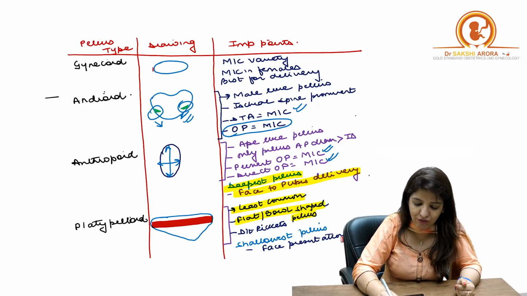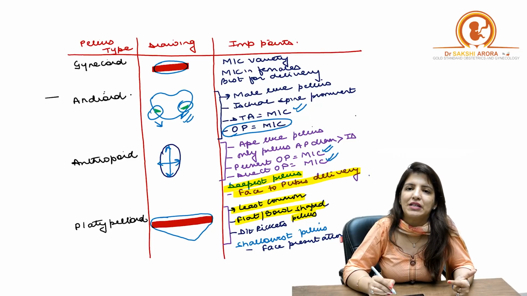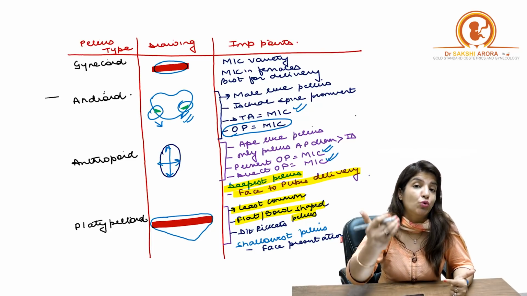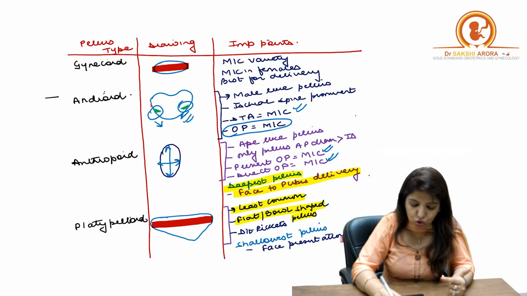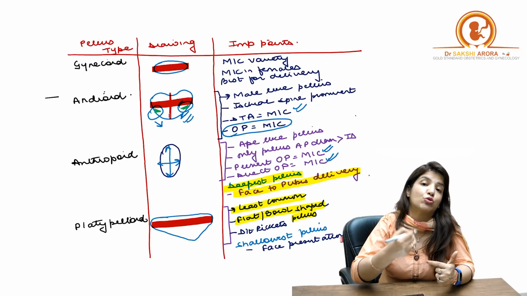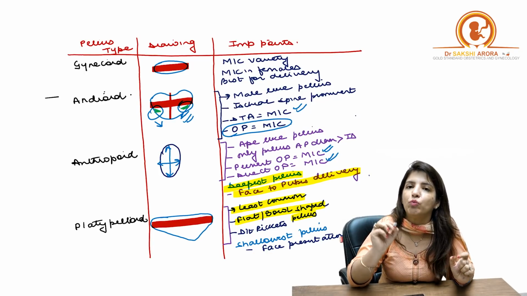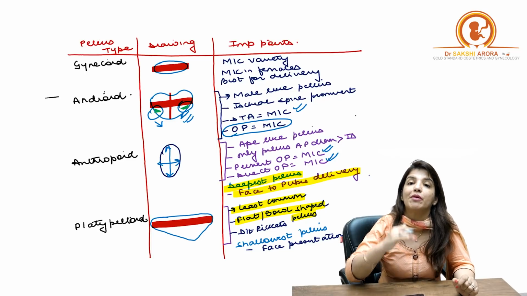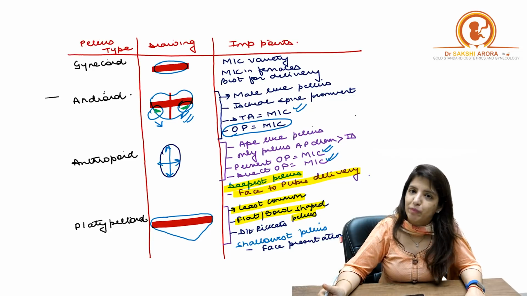Whereas in gynaecoid pelvis also, the transverse diameter is more than AP diameter, but it is not much more. Similarly, in android pelvis also the transverse diameter is more than AP diameter, but it is not much more. Right? So specifically, if your question asks in which pelvis is transverse diameter much more than AP diameter, it has to be a platypelloid pelvis.